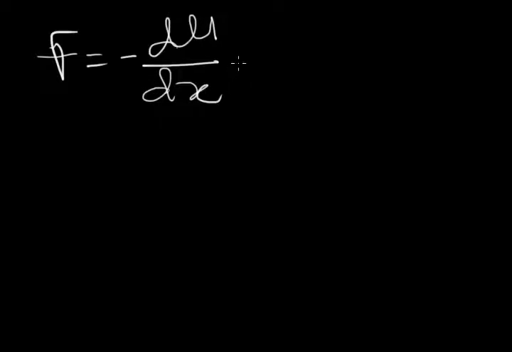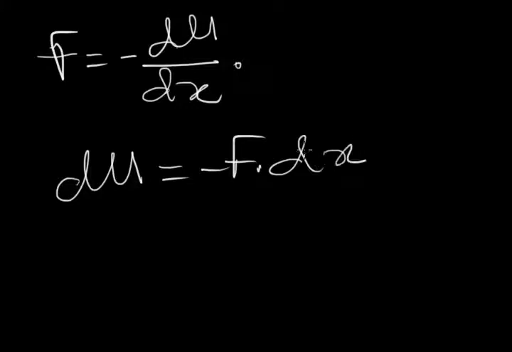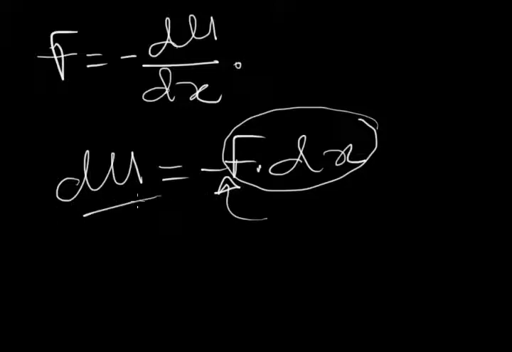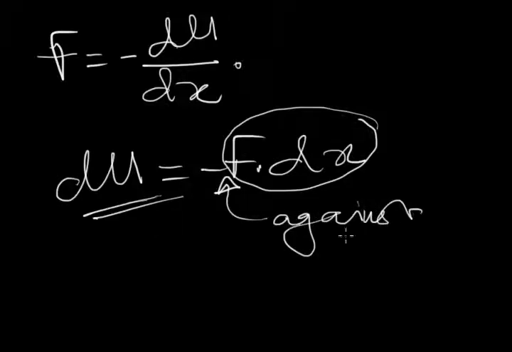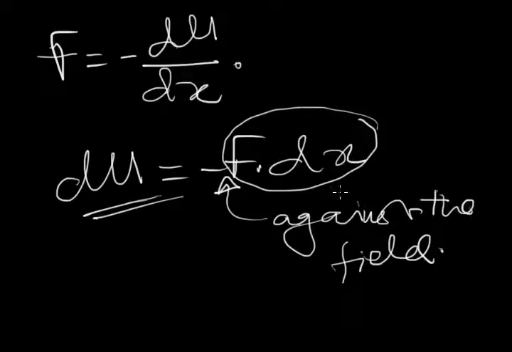So there is a force, and then du we put as minus F dx, which implies that this work has to be done against the field to store it as potential energy. So this minus implies that the work is done against the field. That is again a very important point, that the work has to be performed against the field for it to get stored as potential energy.